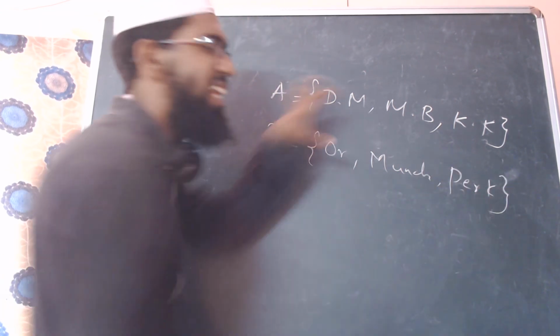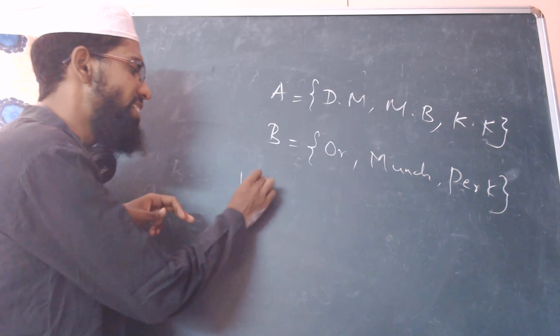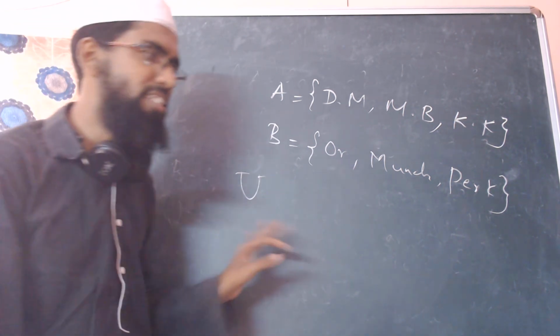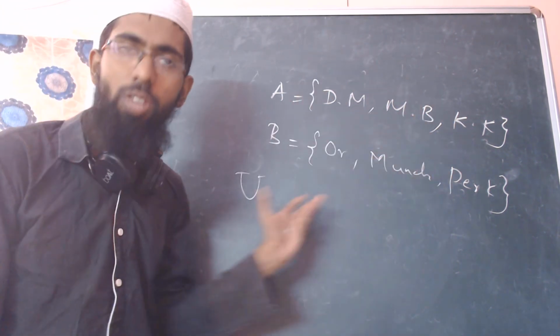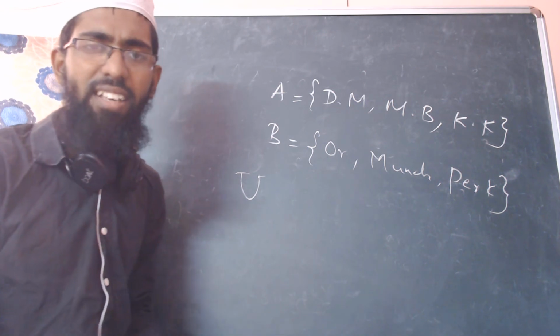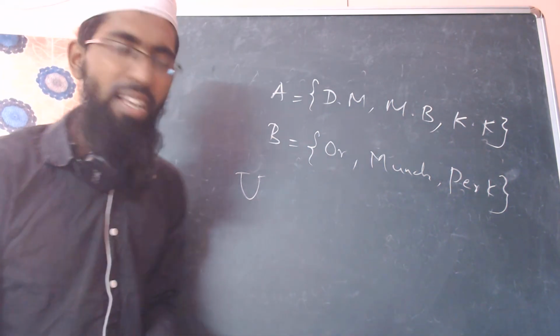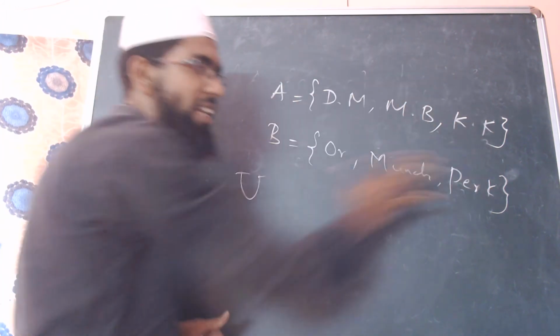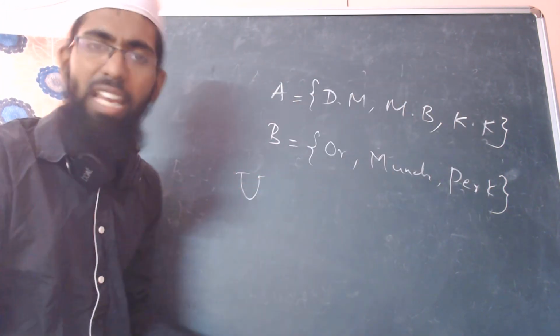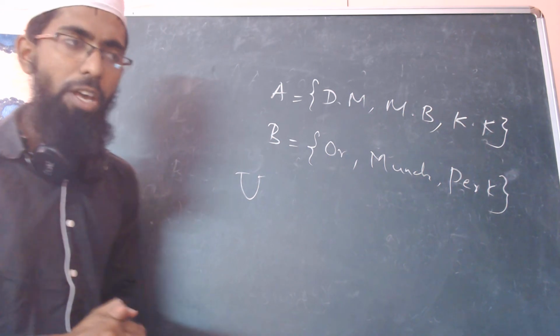Here, what will be my universal set? Either I can take the set of all chocolates, because I am just dealing with chocolates, or I can take the set of all bakery items. That is, accordingly to the content we are dealing with, we can take any universal set. I hope it's clear for everyone.